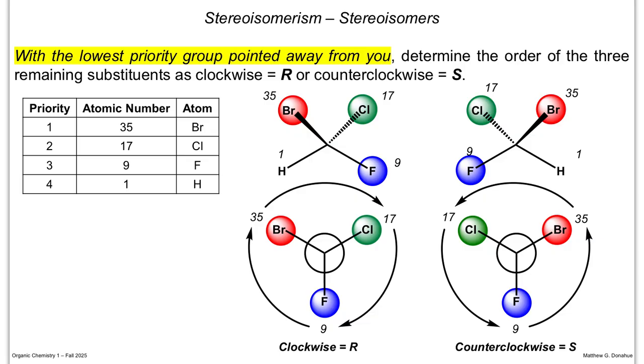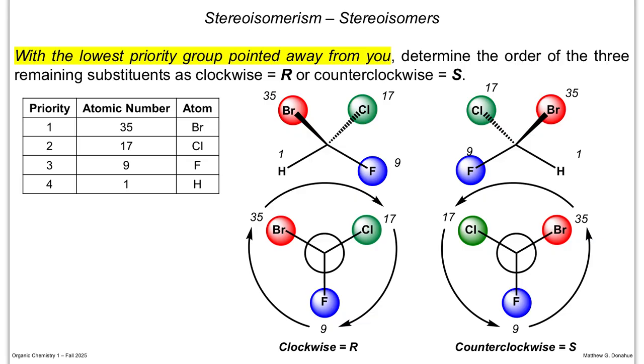For these rules to work, I'm holding the lowest priority group, the hydrogen, because that was atomic number 1. You have to point it away from you. So now you're looking at 3 substituents.